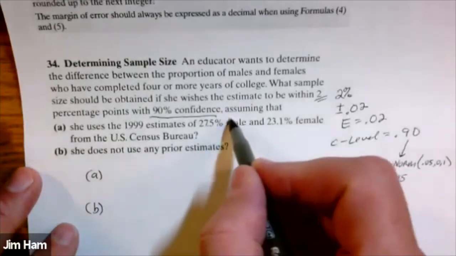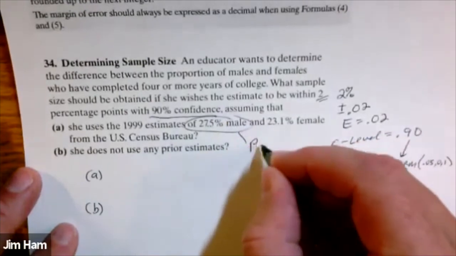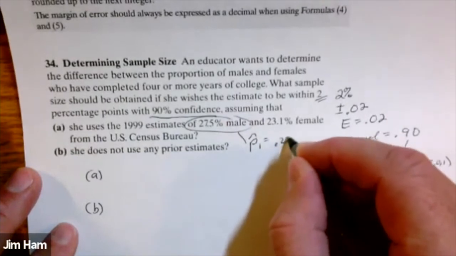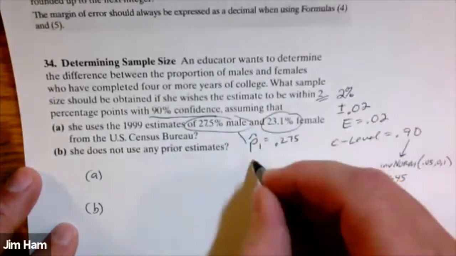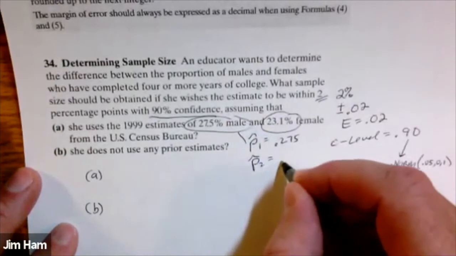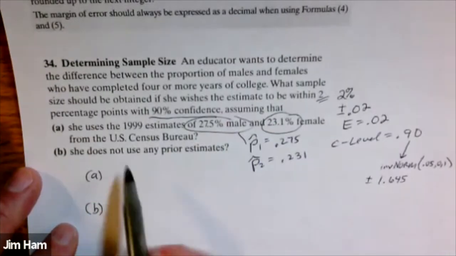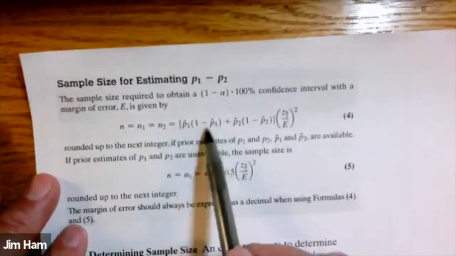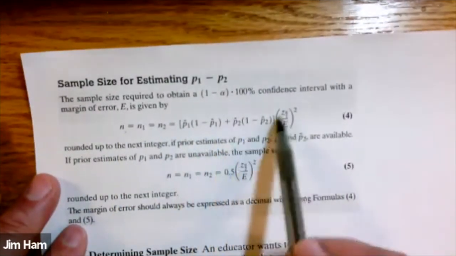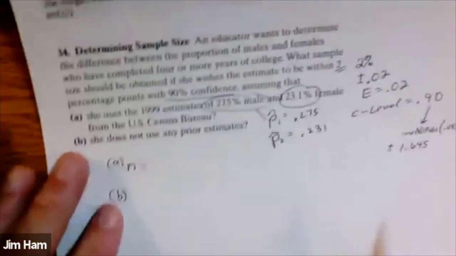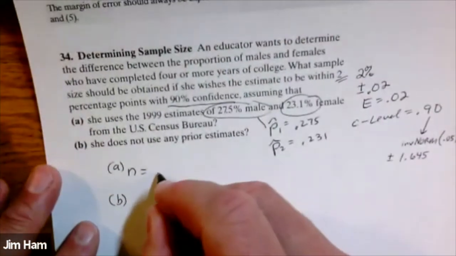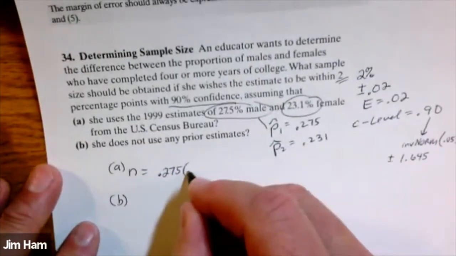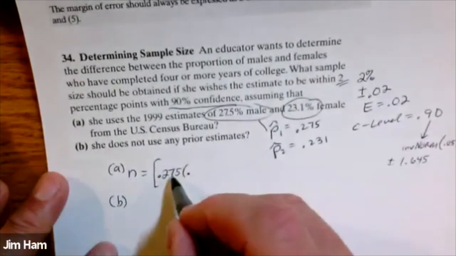All right, so what they give you is they give you the male, the P1 hat is equal to 0.275, and then they give you the P2 hat, which is 0.231. So for the first one, the N is going to be equal to P1 hat Q1 hat plus P2 hat Q2 hat times this piece here. So we're going to have 0.275 times, all right, 1 minus that.